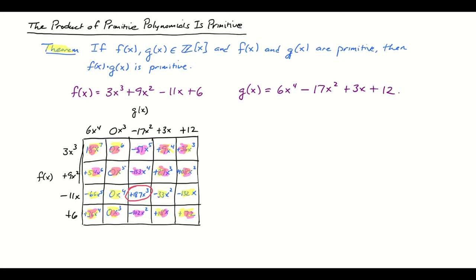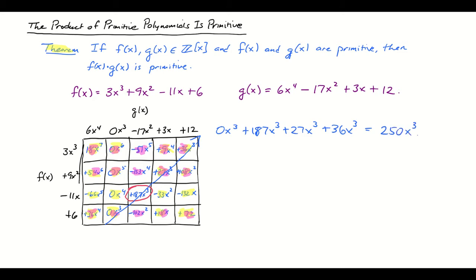So the x cubed term of the product, I'm just going to add along this diagonal. That's going to be 0x cubed plus 187x cubed plus 27x cubed plus 36x cubed. 27 plus 36 is 63. 63 plus 187 is a nice, cool 250.